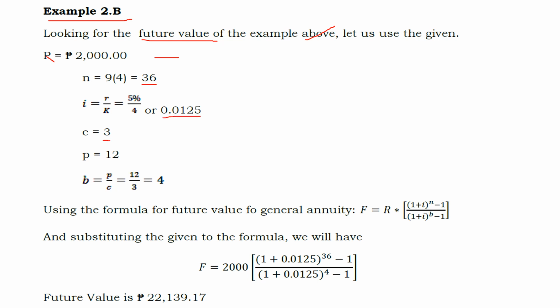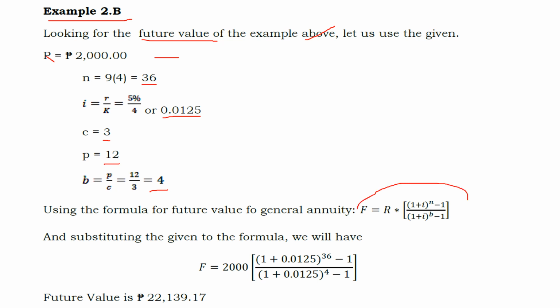C, the 12, and the value of B are still the same as in example 2.A. Using the formula for future value, F is equal to R, the periodic payment, multiplied by 1 plus I raised to n minus 1 all over 1 plus I raised to b minus 1.